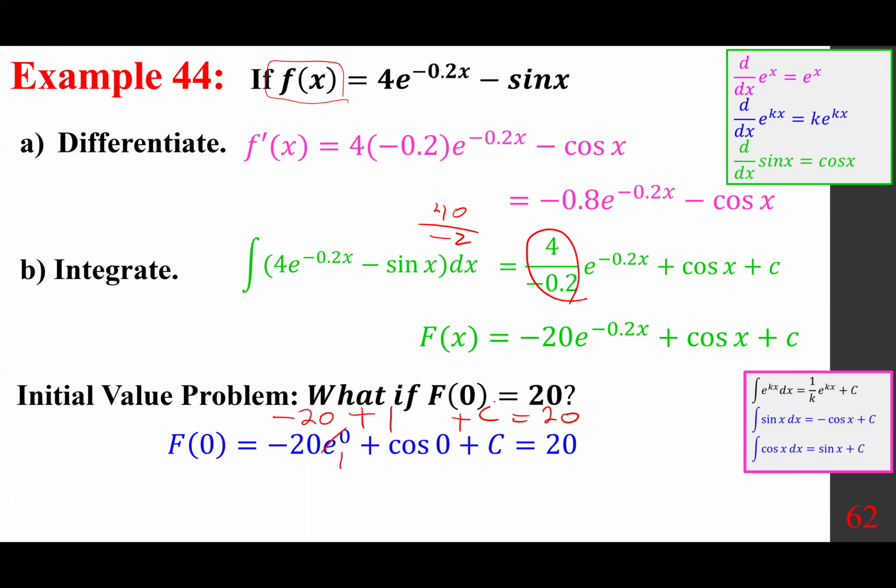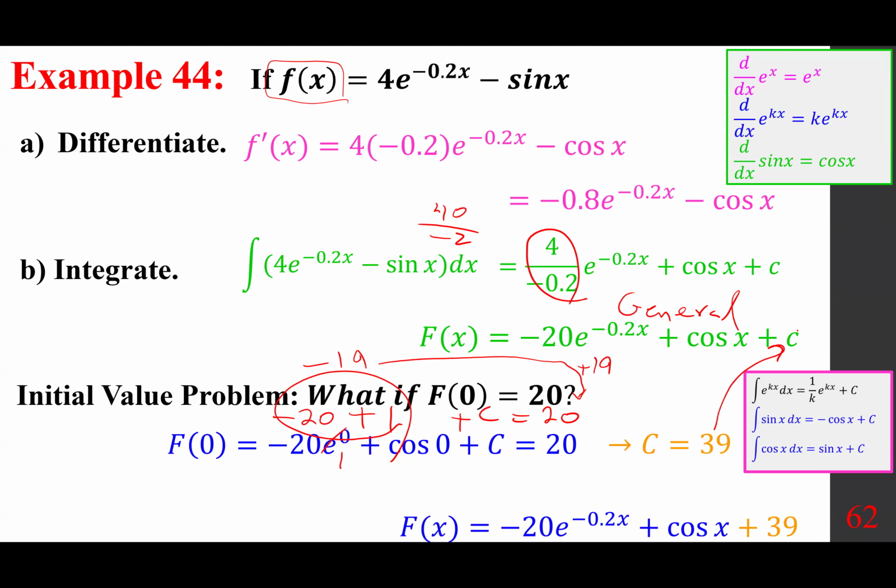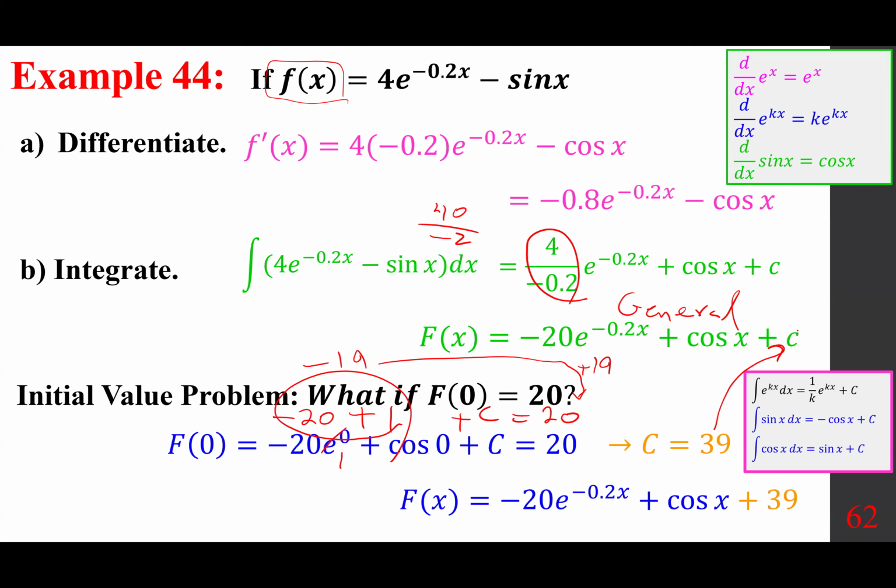So as you can see, the left side is negative 19. Move it, make it plus 19. And c becomes 39. So the general solution, now if you replace the c, becomes a particular solution, and therefore the initial value solution: minus 20 e to the power minus 0.2x plus cosine x plus 39.